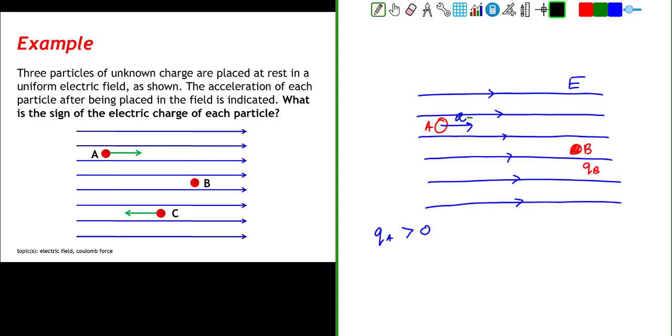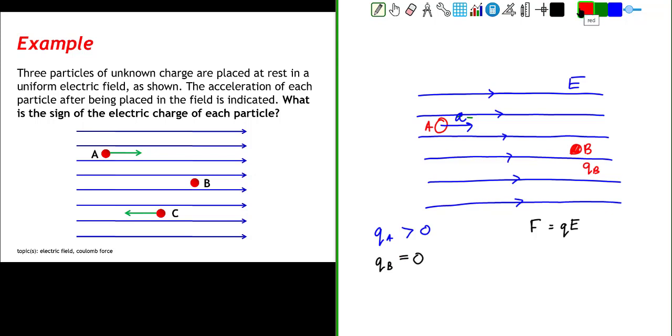And if there is a charge in an electric field, it will experience an electric force given by this relationship. So since that object at point B is not accelerating, that object must have zero net charge.